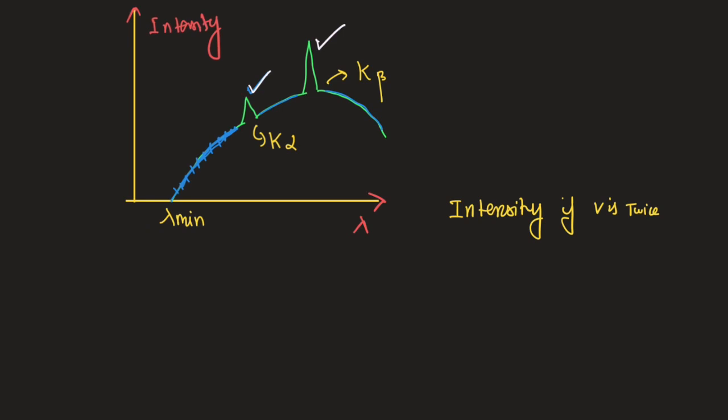So basically in this region electrons are not jumping and not returning back, so it's a continuous X-ray. This one is characteristic X-ray because electrons jump and return back to their same position. So that is why.